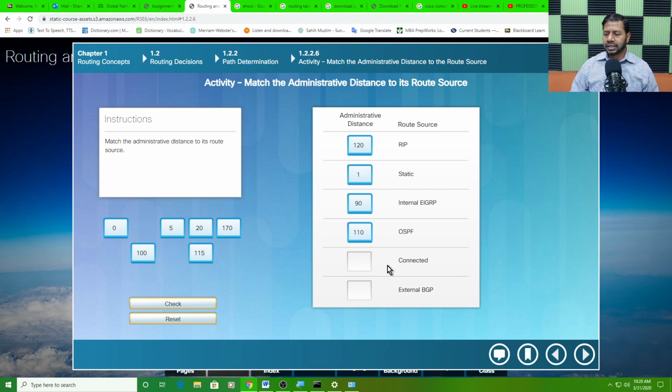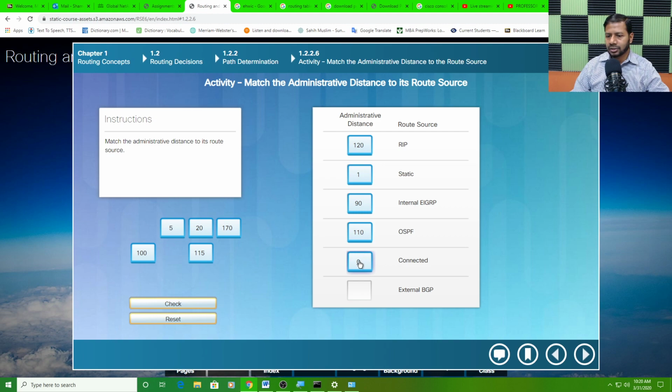If a route is learned because that destination network is literally directly connected to one of the ports of this router, then that is the best route for sure, because the router says that destination, you don't have to go through any other router, it is directly connected to me. So that one is the best one. Administrative distance of 0, the most reliable route.